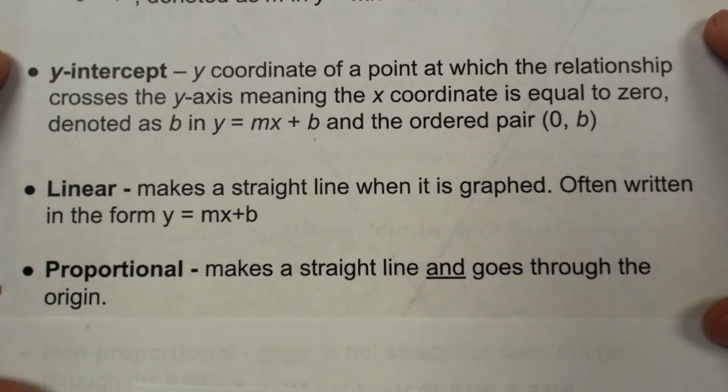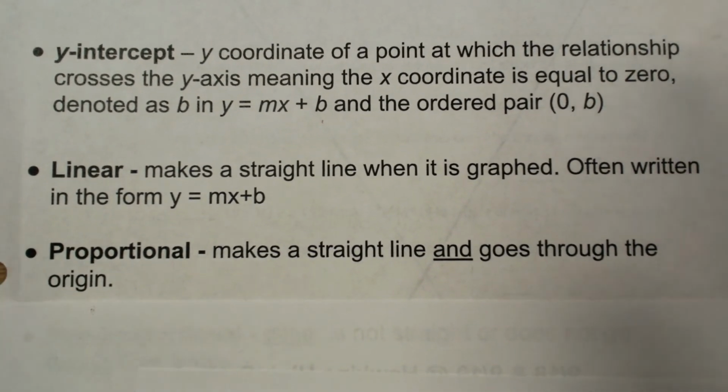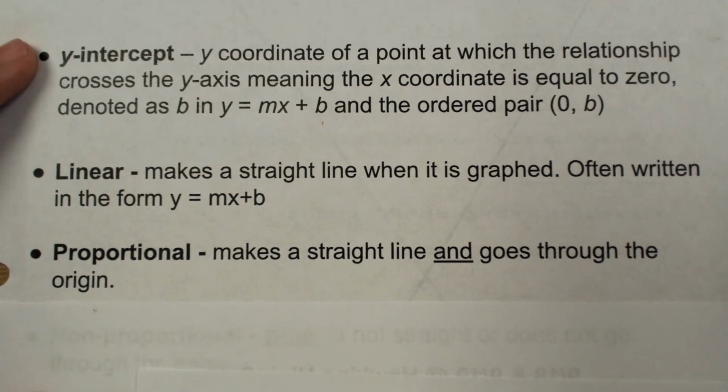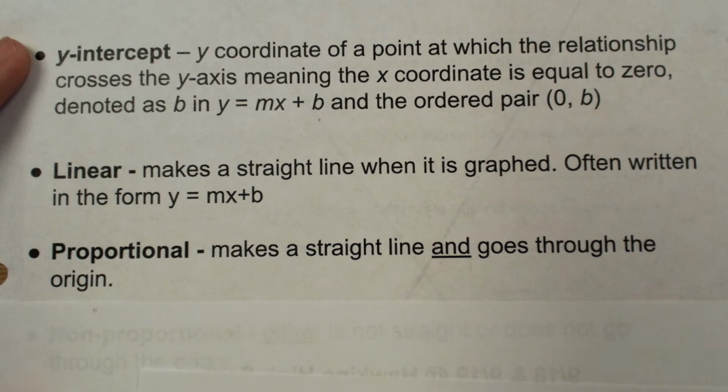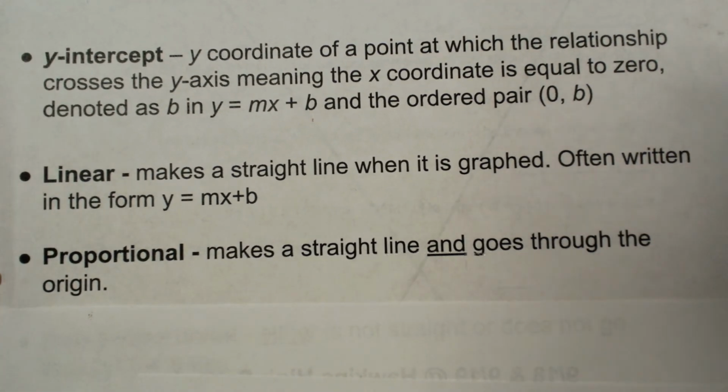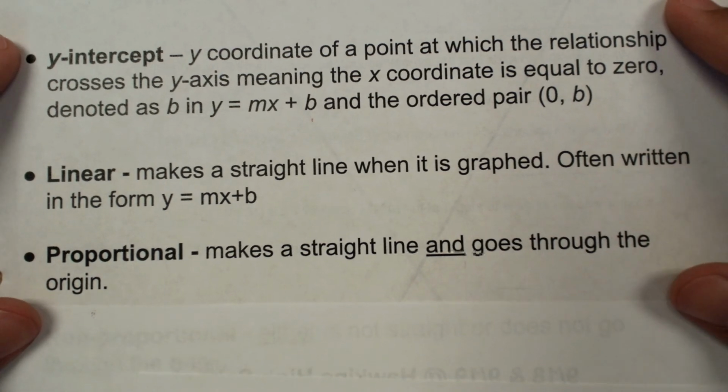Next is proportional. For a line to be proportional, two things have to happen. It has to make a straight line. It can't be curvy. And it has to go through the origin. If either one of those does not happen, it is not a proportional relationship or a proportional line.